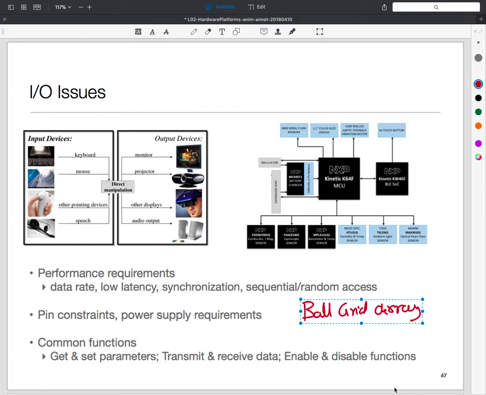So all of these parameters need reading, writing, getting them set. Then transmitting and receiving data. A radio receives a packet over the air and needs to hand it over to you, or you as a processor need to hand over a packet to the radio to transmit. And finally, enable and disable functions. For example, I might want to tell the radio to go into a transmit mode or a receive mode. Those are all examples of the kinds of functions you might expect.